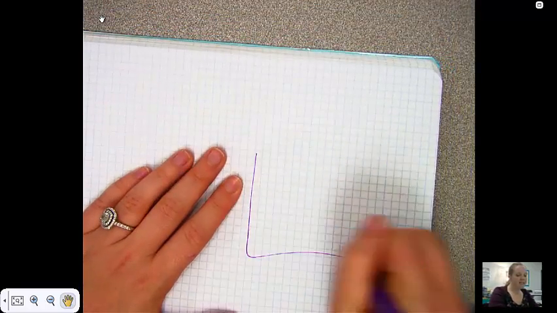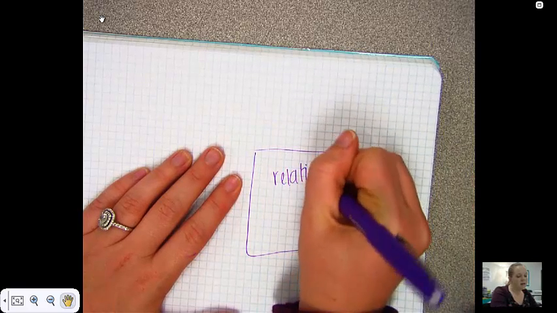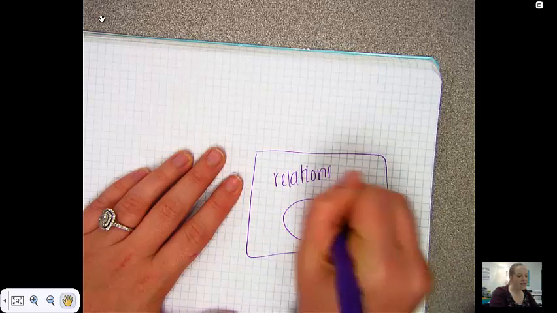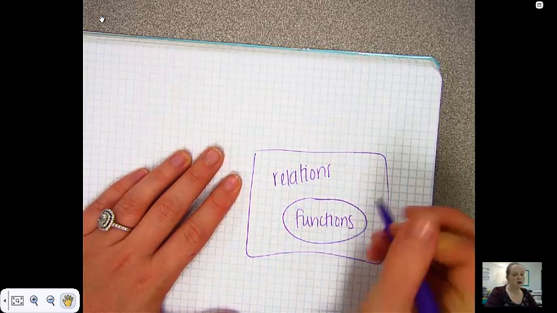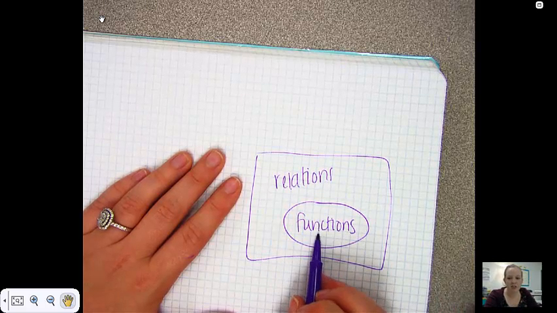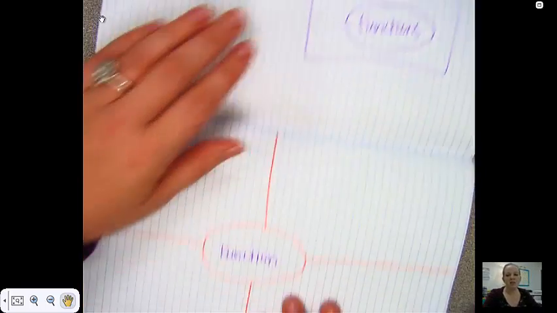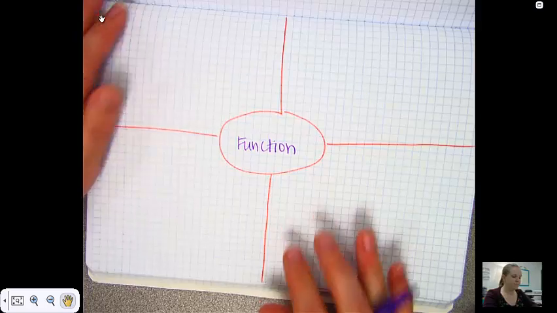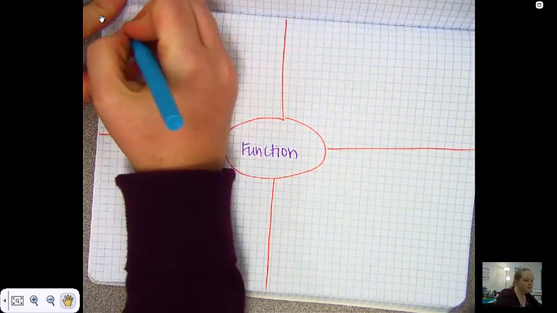There's this big idea of relations, and then within that, you have another idea, functions. So all functions are relations, but not all relations are functions. Just because you're in the relations box doesn't mean you're a function. So let's define function. Our top left-hand corner is going to be our definition.